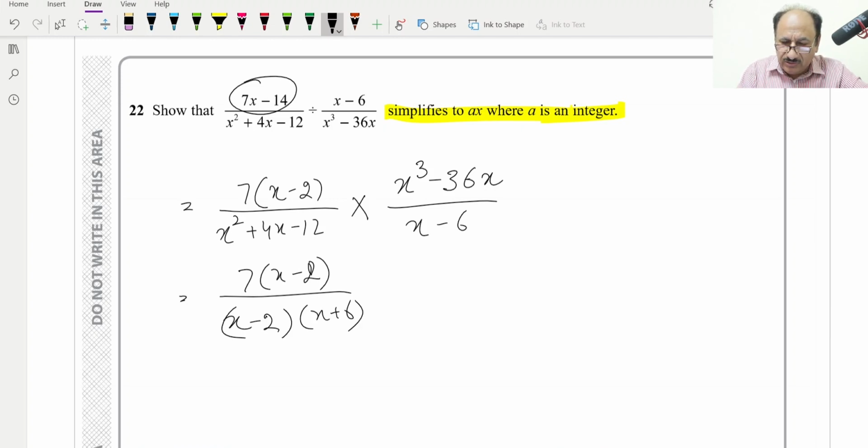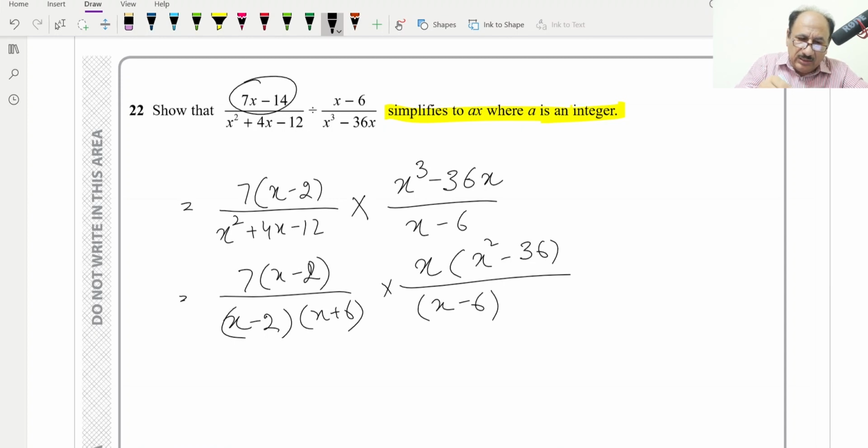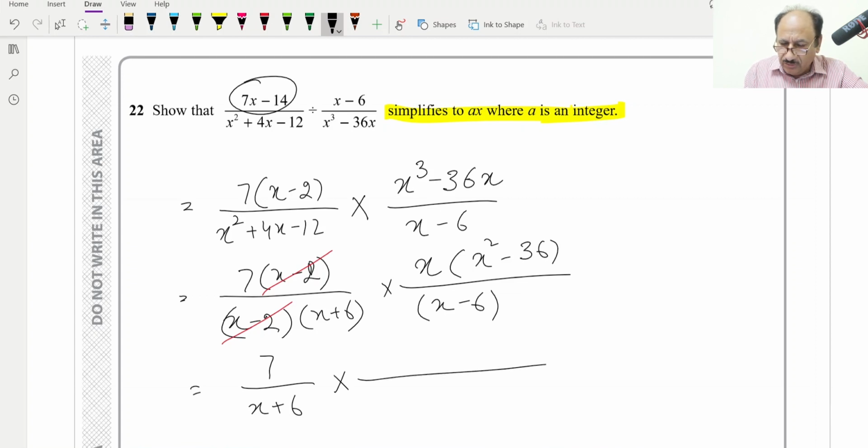This will be the factorization, and we can write basically x we can take common from the numerator, and inside will be x squared minus 36 and over x minus 6. Now we can do cancellation. This we can cancel with this, and next step we can write 7 over x plus 6, and multiplication.